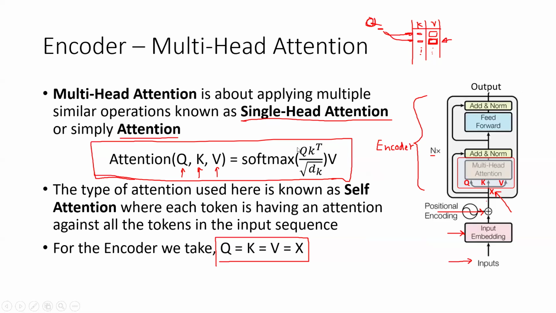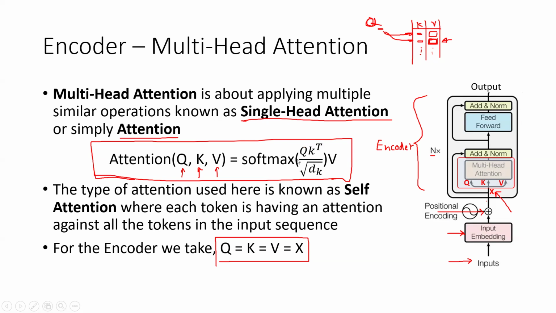When the number of dimensions is too high, this value would be larger. Because of that, we normalize this vector by dividing it by the square root of the dimensionality of any of the vectors. This dk is the dimensionality of the K vector in this case.